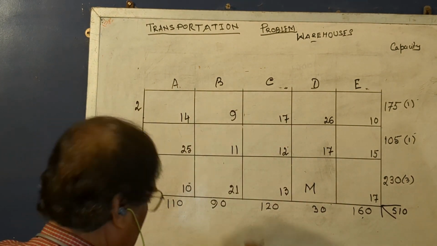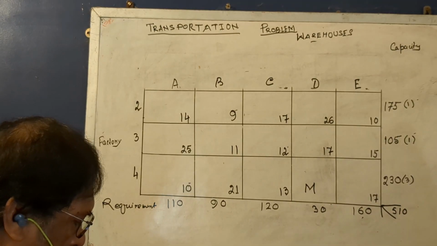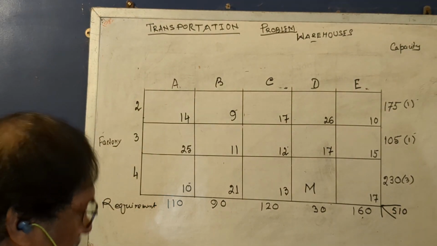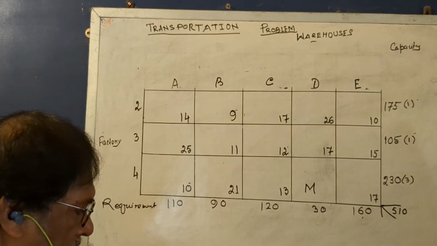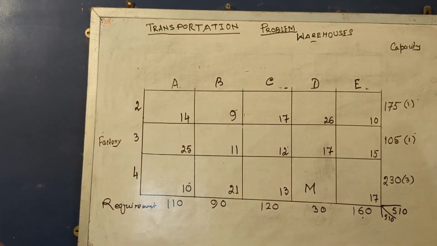And you can check the other side, that is also 510: 110 plus 90 plus 120 plus 30 plus 160 is 510. As it is a balanced problem, it will always be balanced.